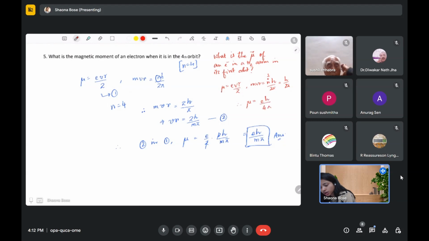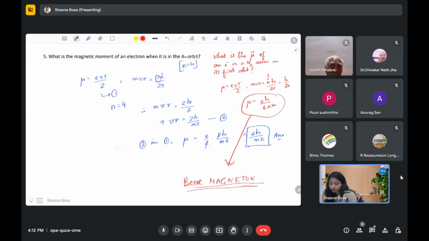So therefore the moment is eh by 4 pi m. So what is this? Nothing but the Bohr magneton. Okay.